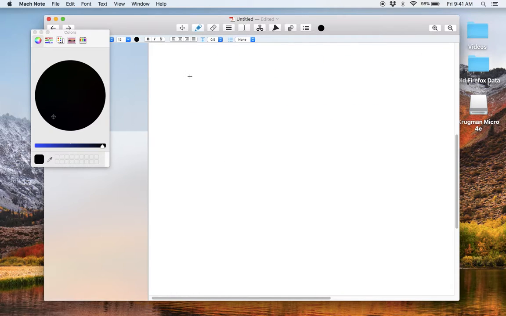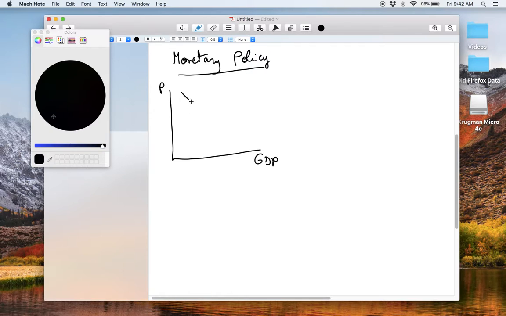So what's the implication for monetary policy? Let's say you have the US economy. Here's aggregate demand in the short run. Here is the aggregate supply in the short run.